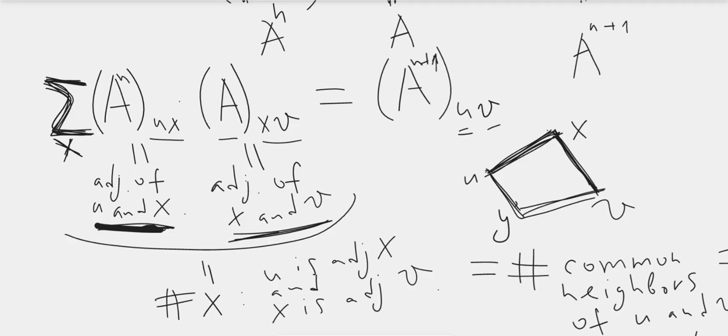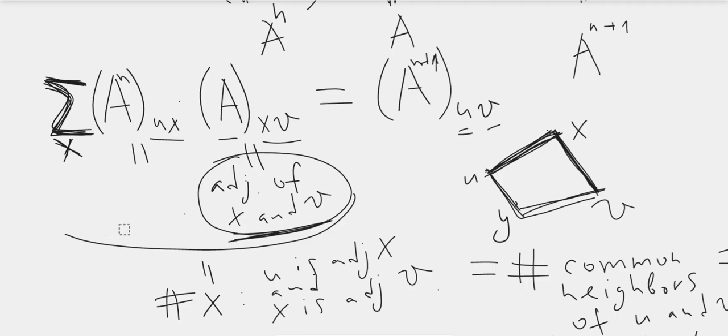So the second one is still the same. This is true, but for the first one, this is not true anymore. This is not an adjacency matrix, but this is A to the power n, and so now this is by inductive hypothesis.